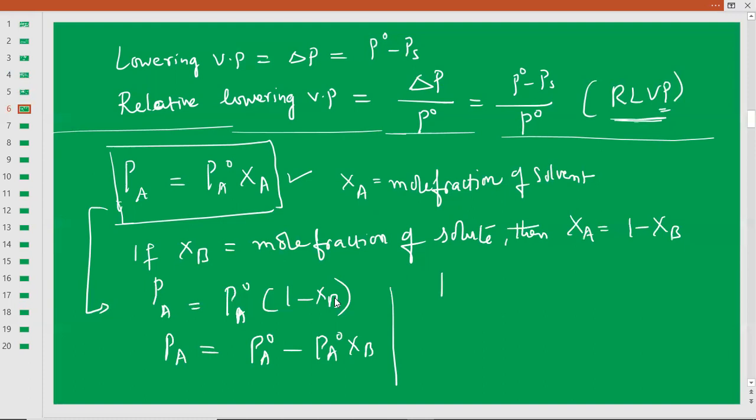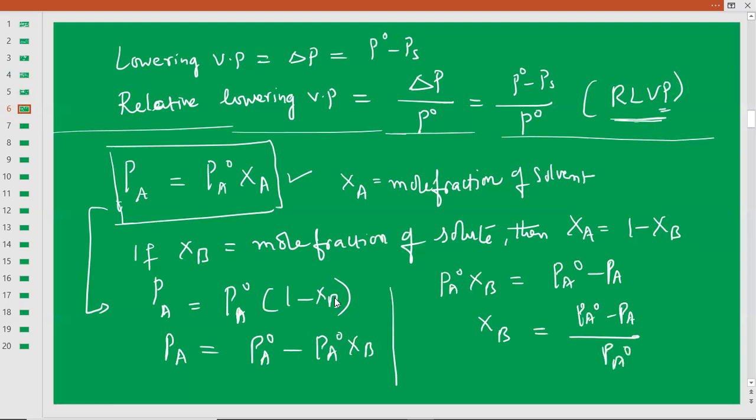So what is Pa0 into XB? That is equal to Pa0 minus Pa. Okay. Then what will be the XB? XB is equal to Pa0 minus Pa by Pa0.